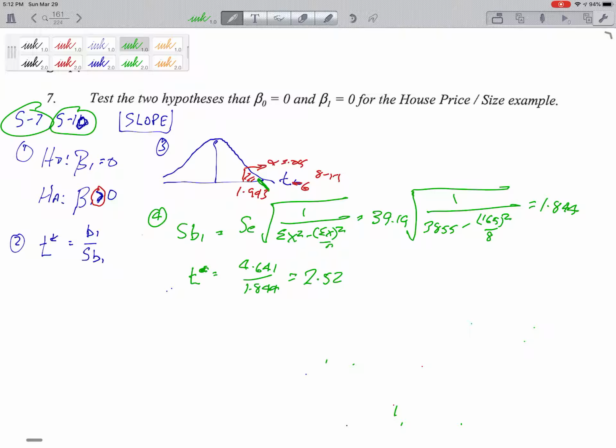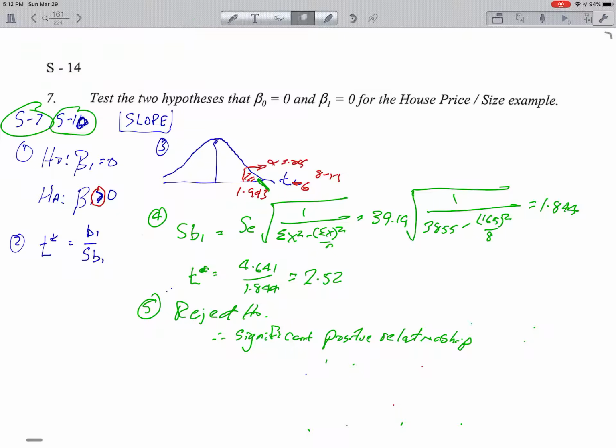It's in the critical region. And so therefore we would reject H0 and conclude therefore a significant positive relationship. So that means then that as the size of the house increases, so does the selling price of the house.